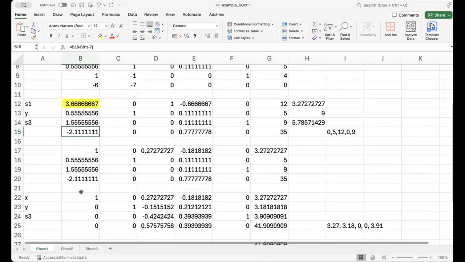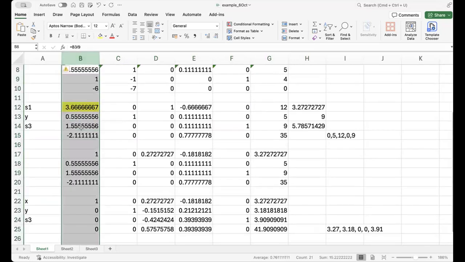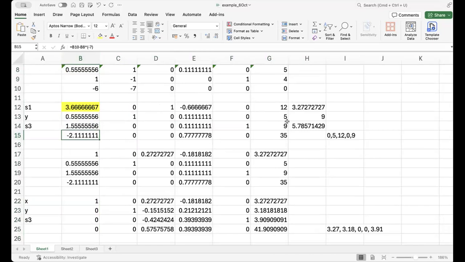Then what are we going to do? This is the pivot column. And then we consider B over A, the ratio of B over A. And we see that this is the pivot element because this is the smallest positive ratio of B and A. So this column is X. We're going to introduce X as our new basic variable, and we're going to remove S1 from our basic variables.